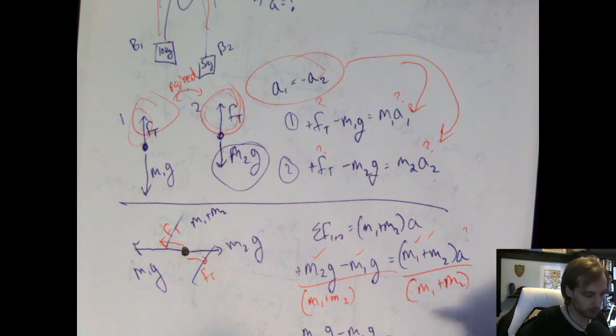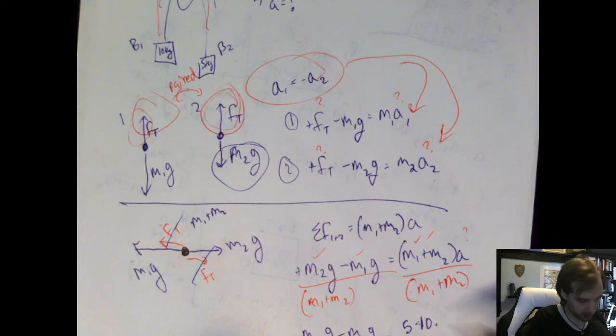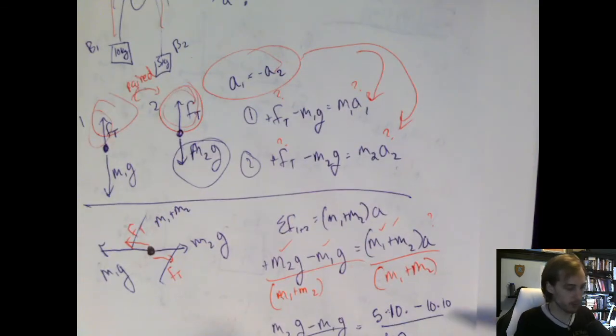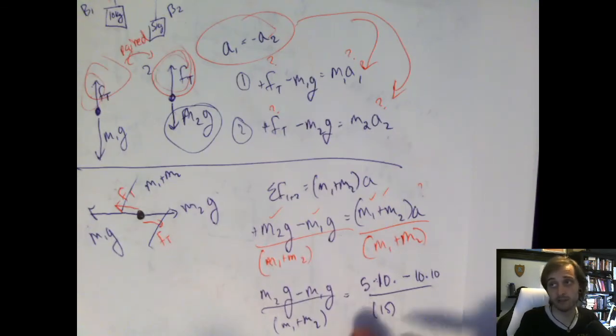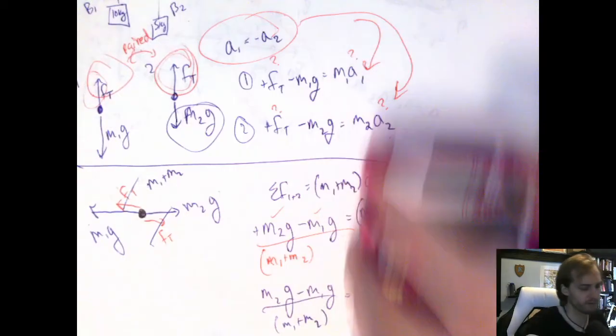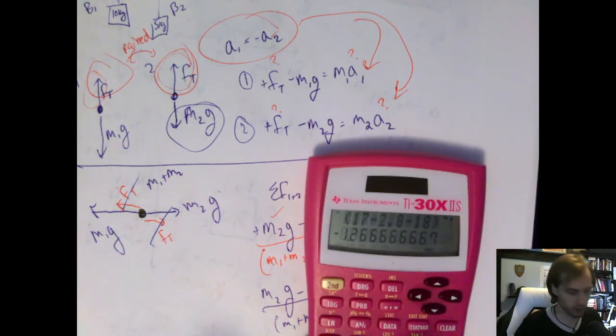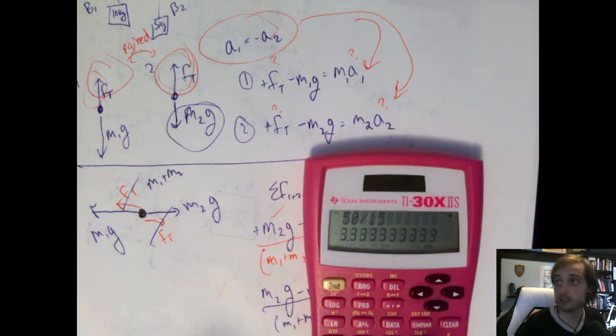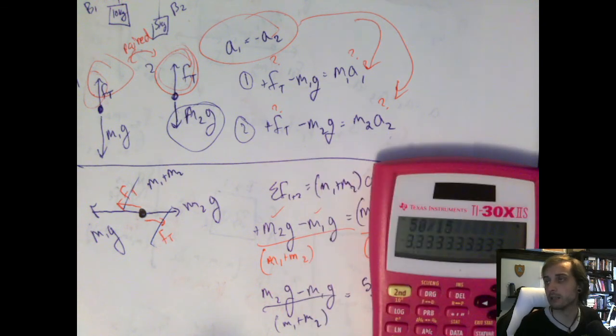And there's our answer. We know that m2 is 5. We know that m1 is 10. So we'll wind up with 50 minus 100, so negative 50 over 15, which is 5/3, so should be like 1.6, but no. 50 over 15, and let me double check that I did that right.